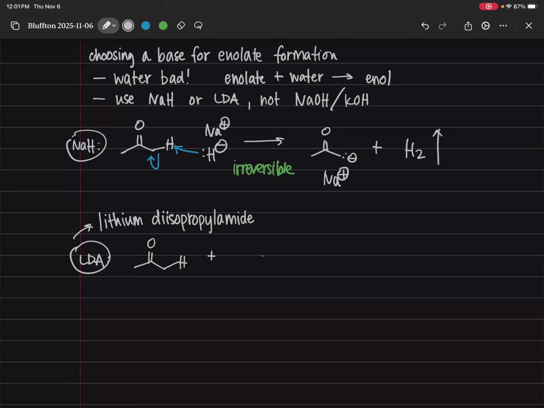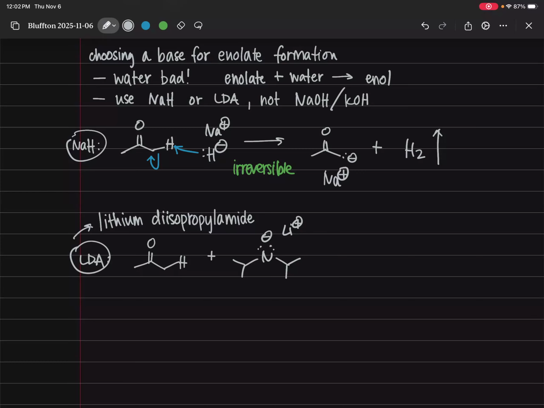So LDA is that. Amide is also a word for a nitrogen with a minus charge, which is really unfortunate because it's also the name of an organic functional group.